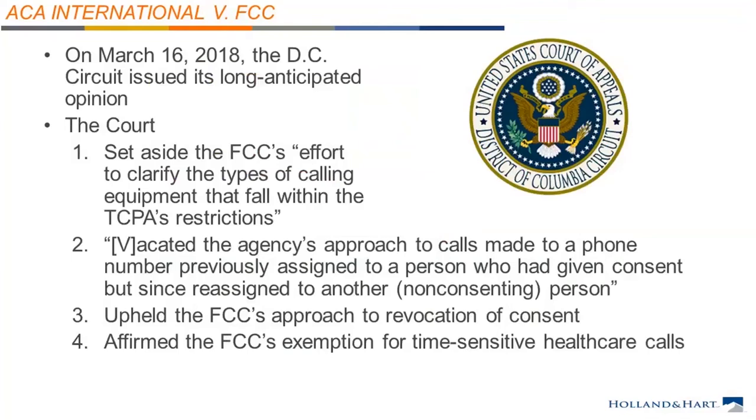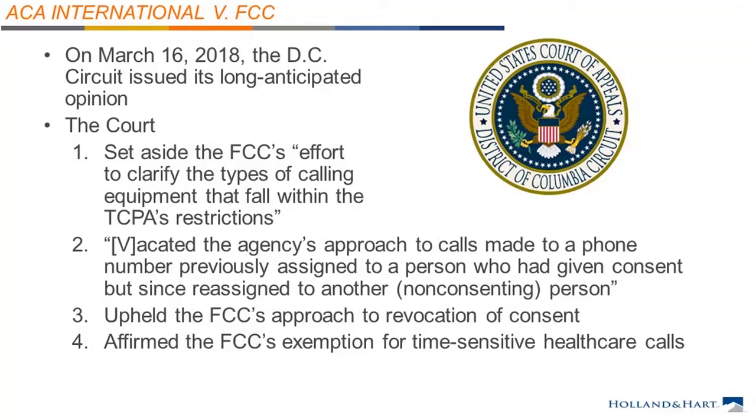To sum up, the court set aside the FCC's effort to clarify the types of calling equipment that fall within the TCPA's restrictions. They vacated the agency's approach to calls made to a phone number previously assigned to a person who had given consent, but their number had since been reassigned to another person who had not consented to receive such calls.